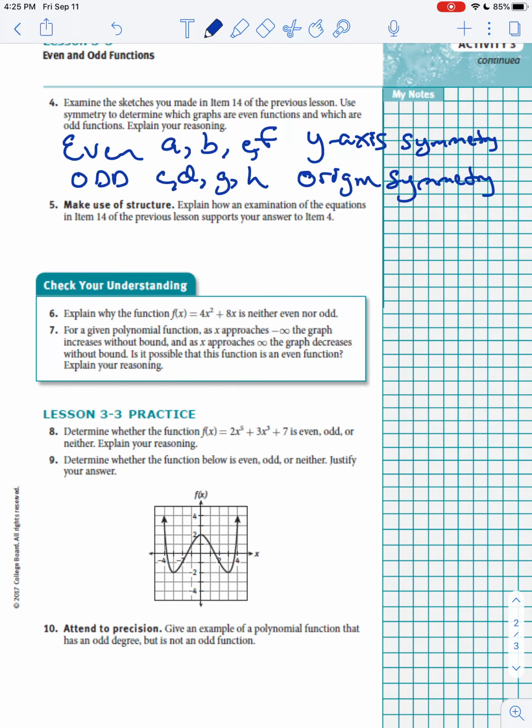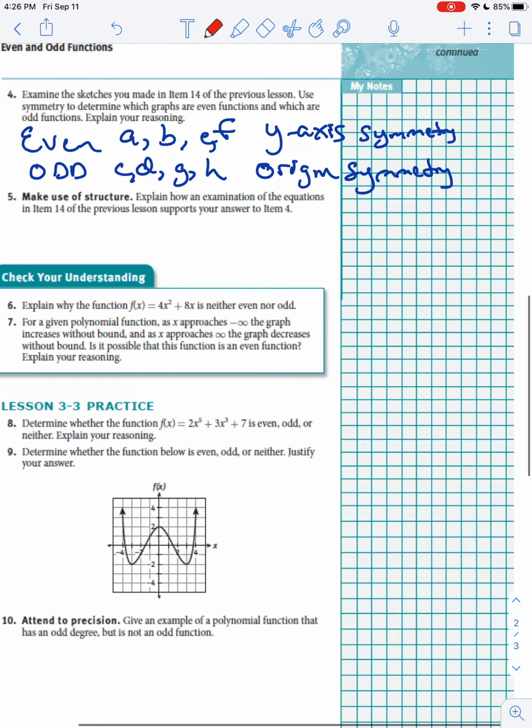Okay, now what I want to do on this one is actually look at the two check your understanding questions. On those two questions, it says explain why the function is neither even nor odd. So we didn't say that yet, but functions are either even, odd, or they could be neither. They don't have to have that symmetry. So if you look at the exponents, you're going to notice that it has x squared and x to the first.